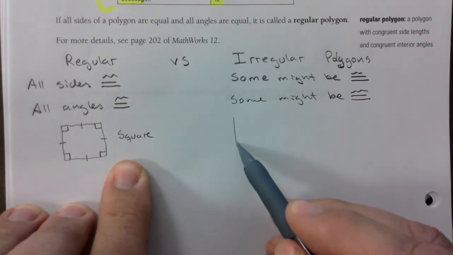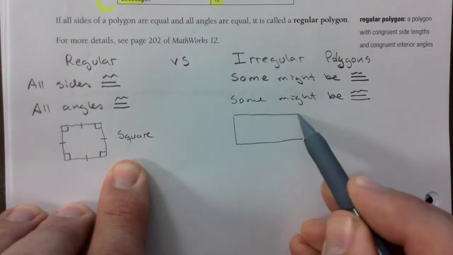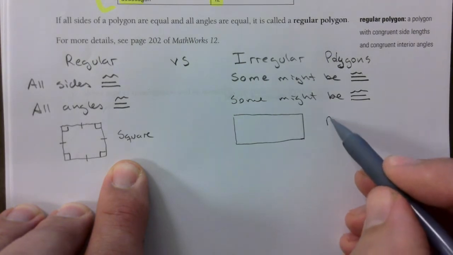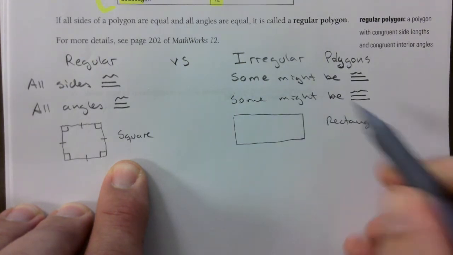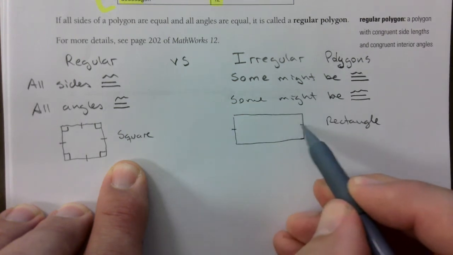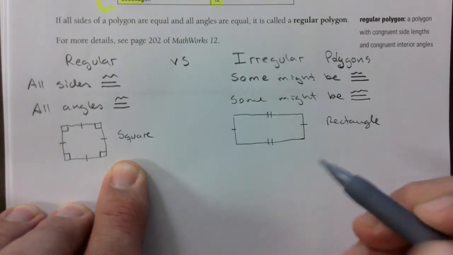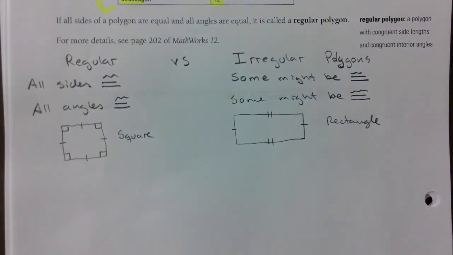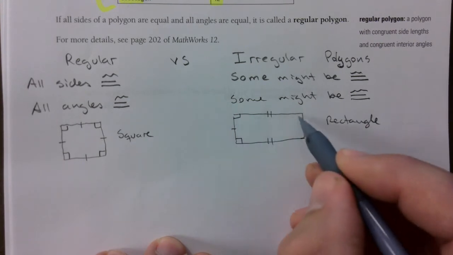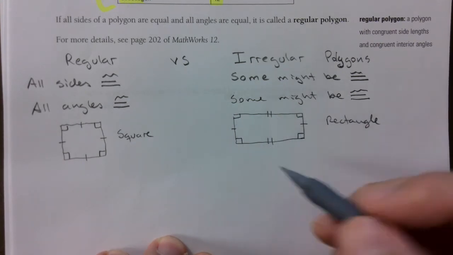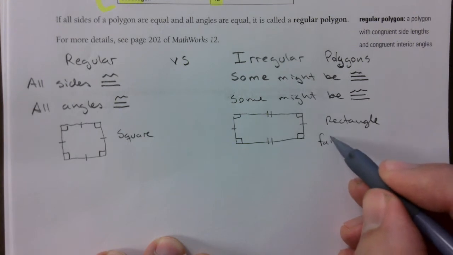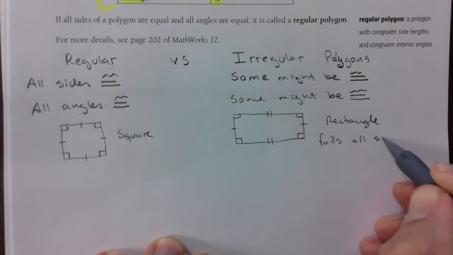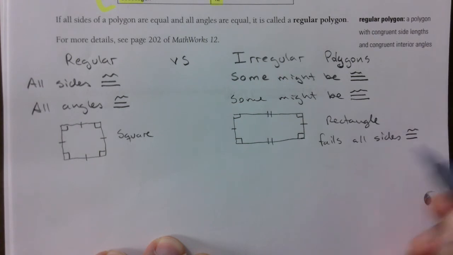And this is a little controversial, but a rectangle would be considered an irregular because, yes, these two sides are the same, these two sides are the same, so it fails the all sides are congruent test. Even though all angles are congruent, it fails the all sides are congruent test. So that'd be irregular.